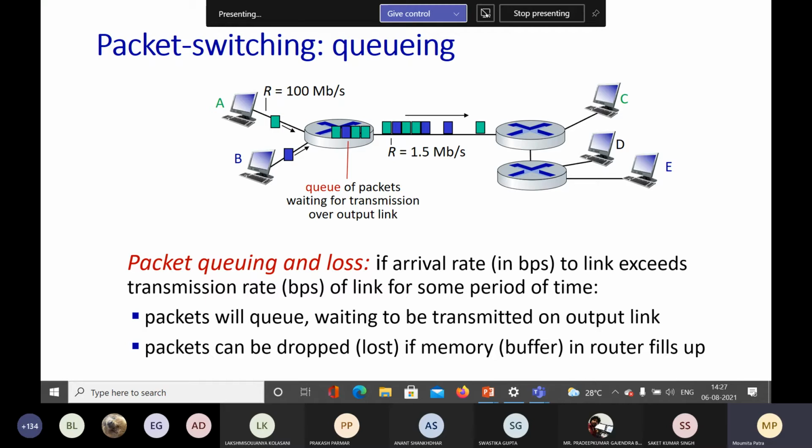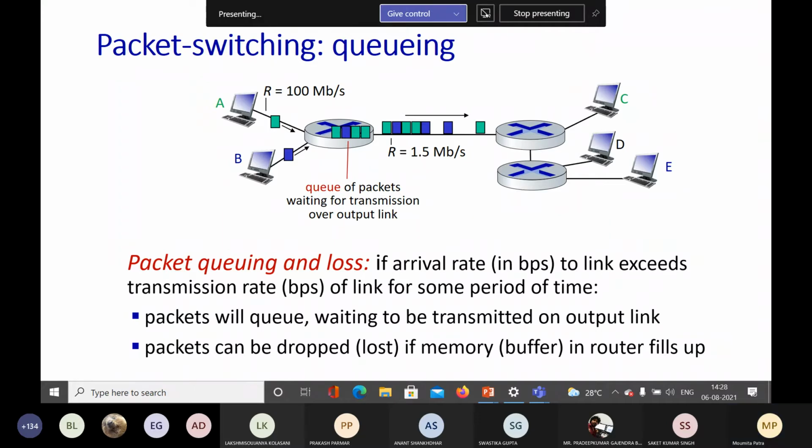Any packet which has a time constraint to be delivered, that is considered the lifetime of that packet. So the packet has to be transmitted very fast, otherwise there is no need of that packet. If you send me the information after I have crashed and died, it really does not matter, right?